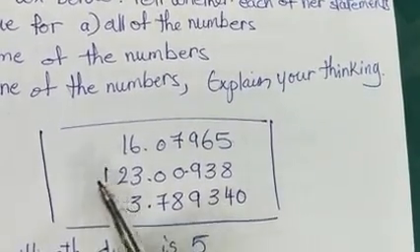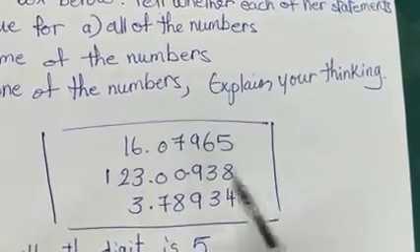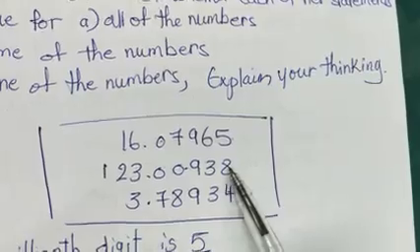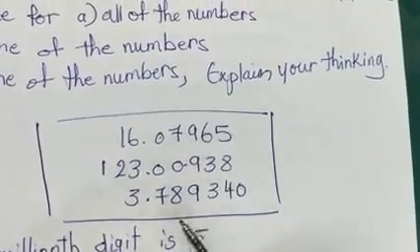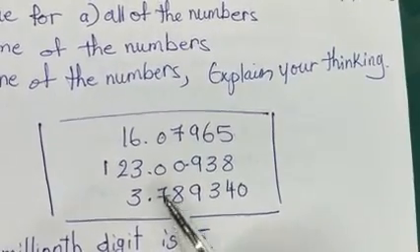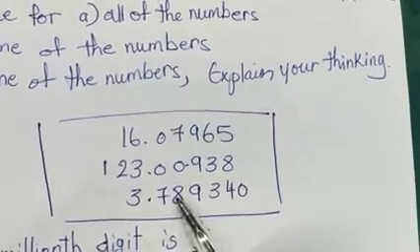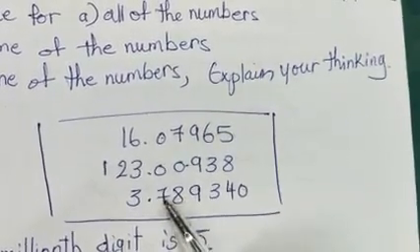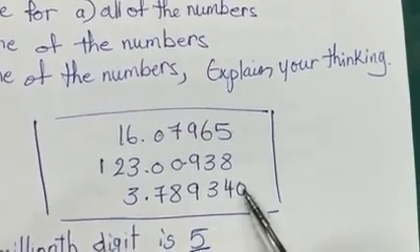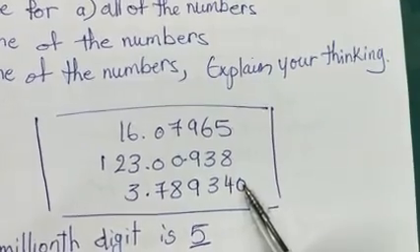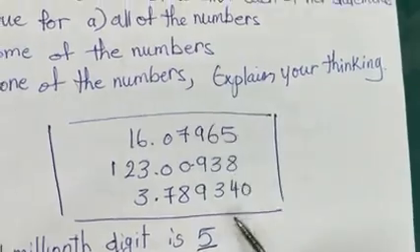The other number is 123 and 938 ten thousandths. Then the third number is 3 and 78,000, 789,340 hundred thousandths. These are the 3 numbers.